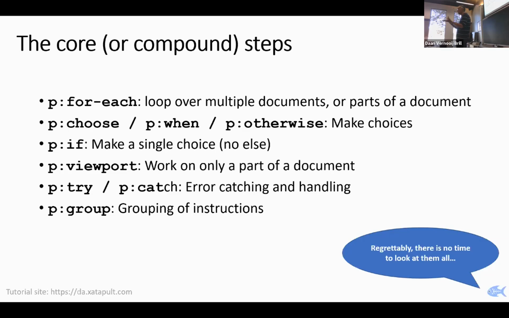And then you get multiple documents into, for instance, p:add-attribute, which won't work because it can't handle multiple documents. So you need to have a p:for-each loop that loops one by one over all the documents in what comes in on your port. It can also loop over parts of your documents, and I'm not sure whether we're going to get to that exercise, but there's an exercise about that in the sheets.